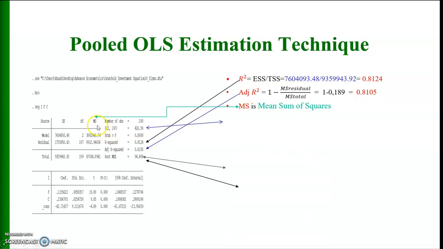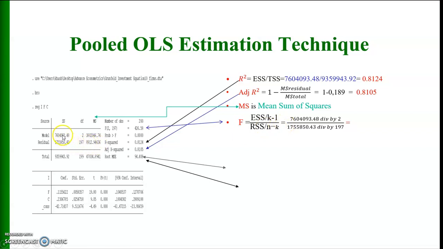MS means the mean sum of squares, and this is the F stat. The F stat formula is explained sum of squares divided by k minus 1, that is the number of estimators minus 1, the whole divided by residual sum of squares divided by n minus k, where n is the number of total observations and k is the number of estimated parameters.